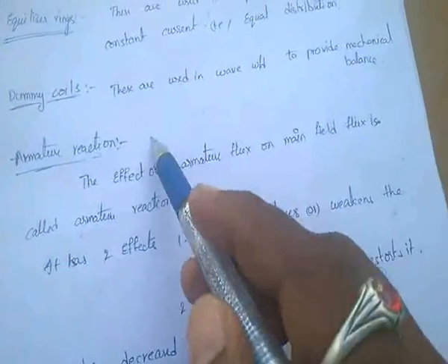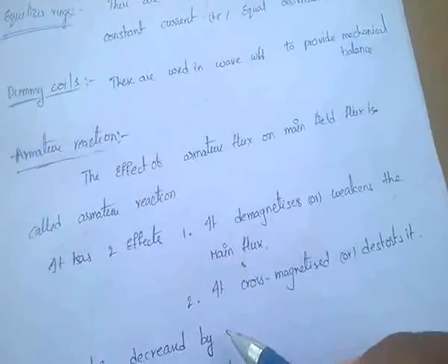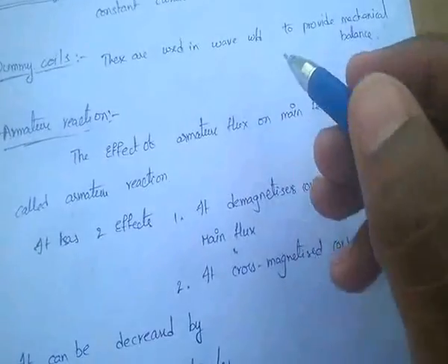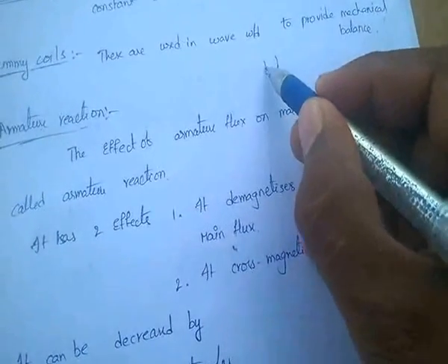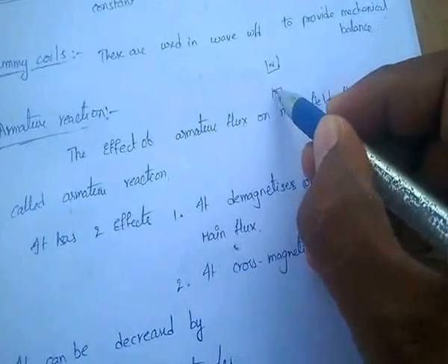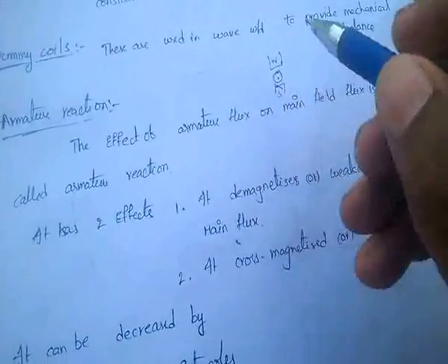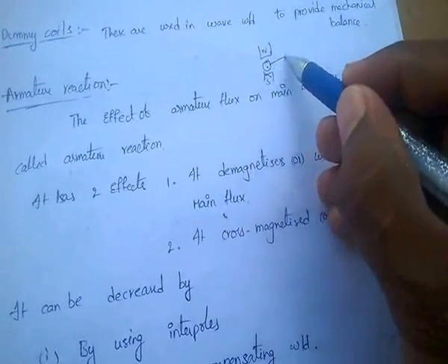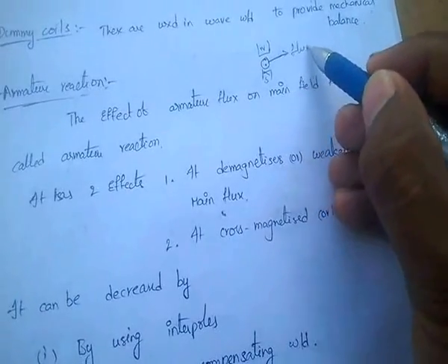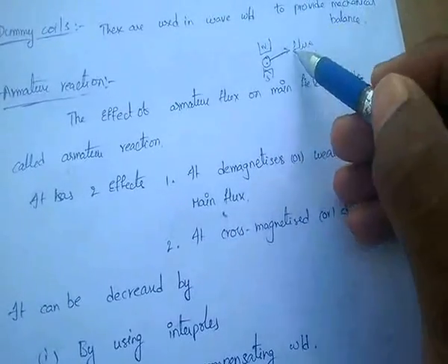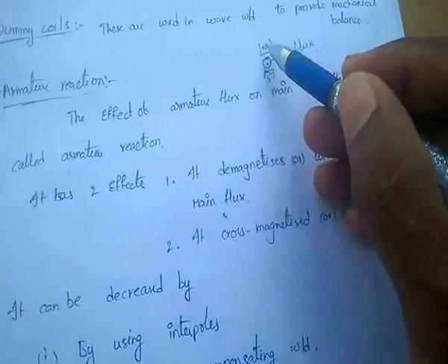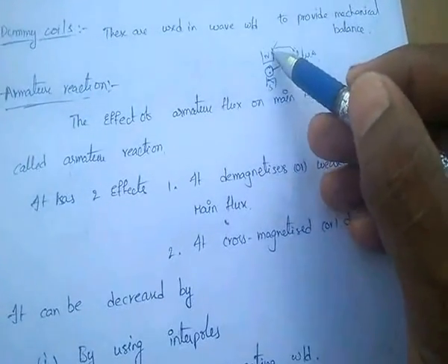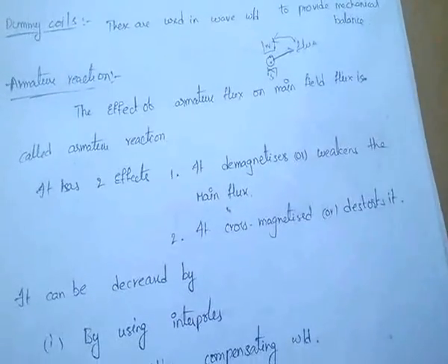And next important topic, armature reaction. Actually, in DC generators, the main two parts are field windings and armature windings. Field winding, N and S, and armature windings. Here, what does armature reaction mean? The effect of this armature flux on main field flux is called armature reaction.